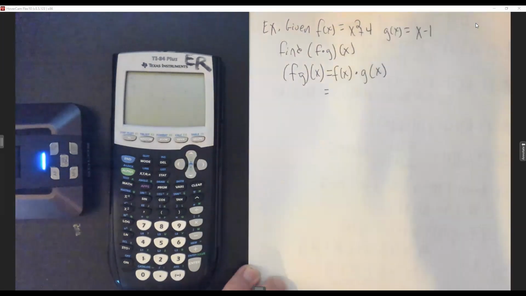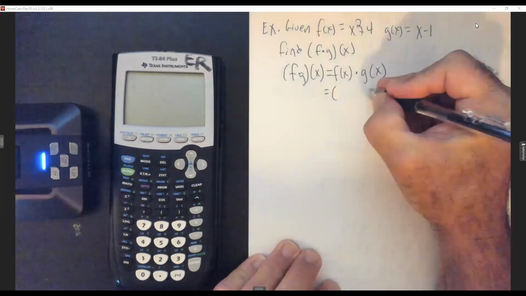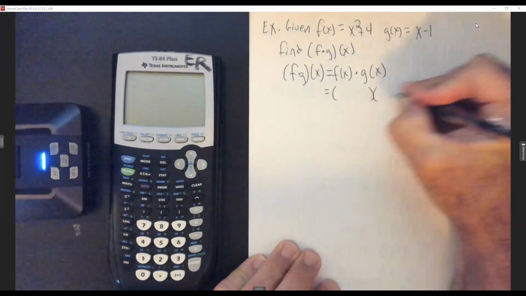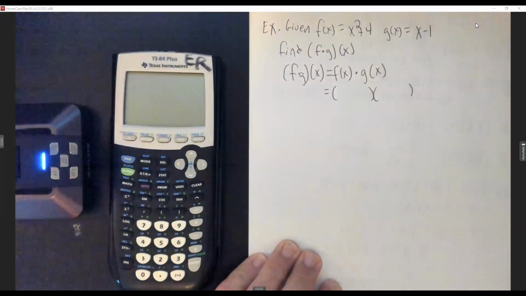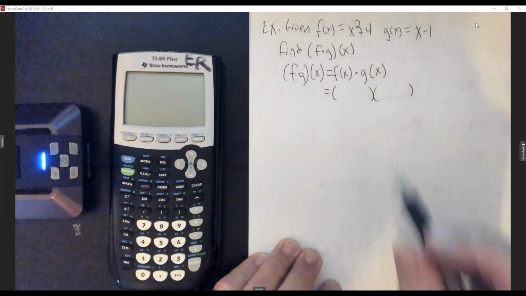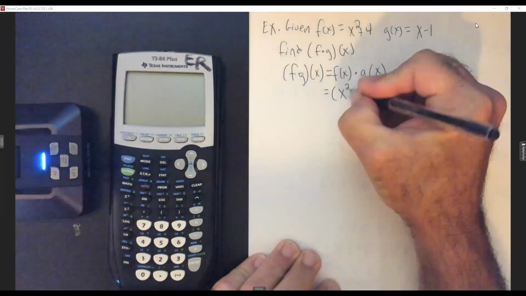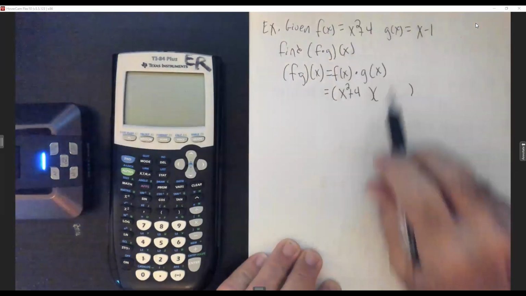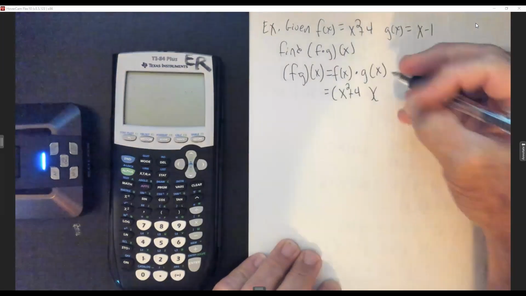So what I want to do is put my f of x in parentheses and my g of x. So my f of x they gave me was the x squared plus 4. So I'm going to put that in the first one. And then the g of x was an x minus 1.